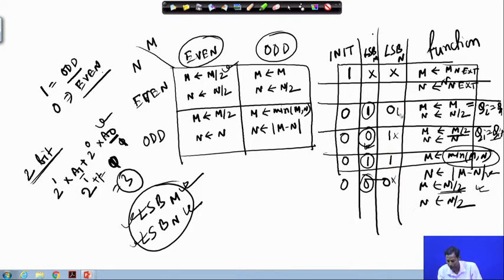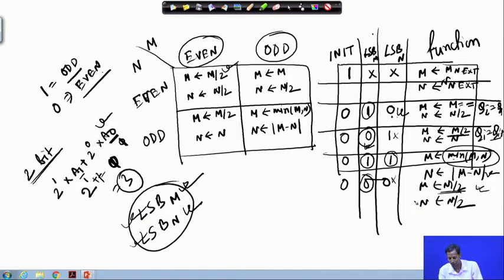That means it depends on the changes in the LSB of n. When m is odd and n is even, m equals m. But when the LSB of m is 1 and the LSB of n is also 1, m equals the minimum of m and n.